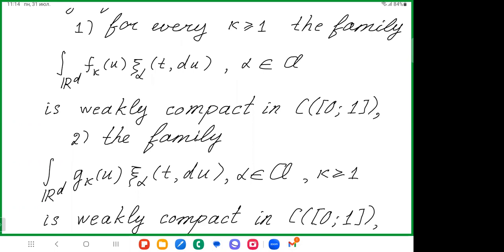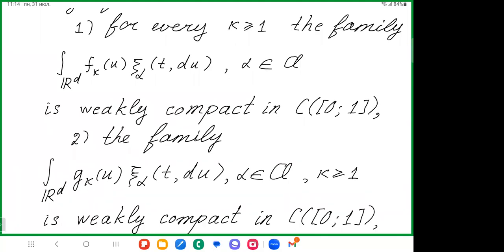The first one is that the same criterion works for equicontinuity. So if we have a family of processes which satisfy the Kolmogorov condition with the same constants, then if we fix the initial position at time 0, the processes become weakly compact.